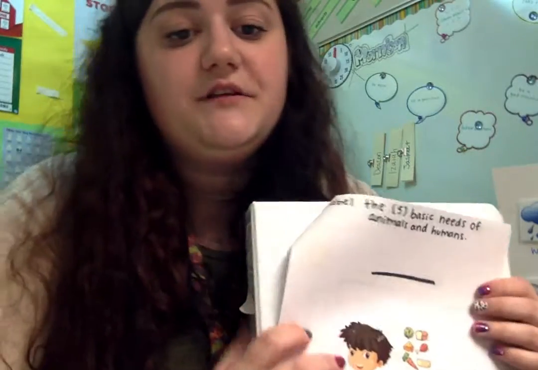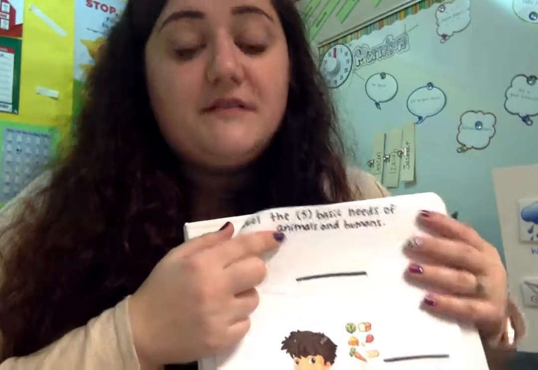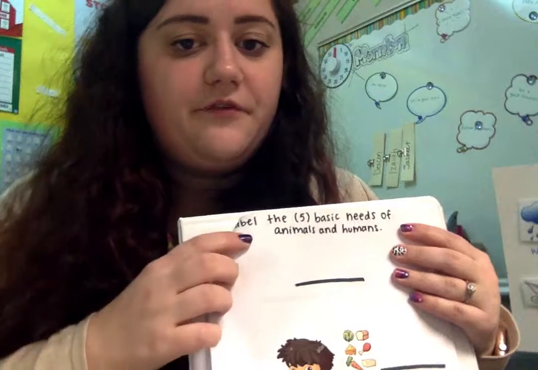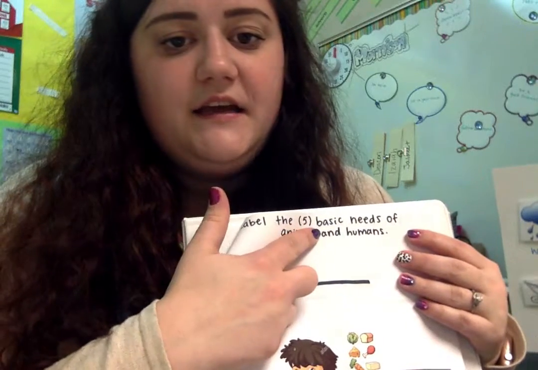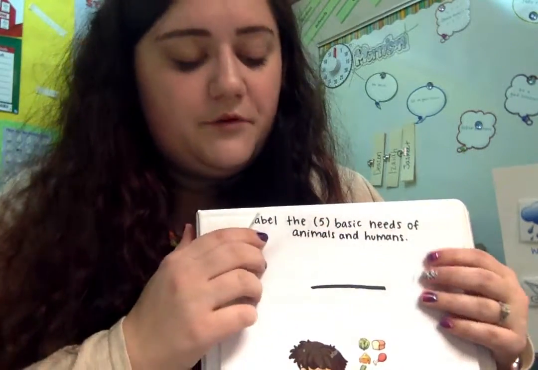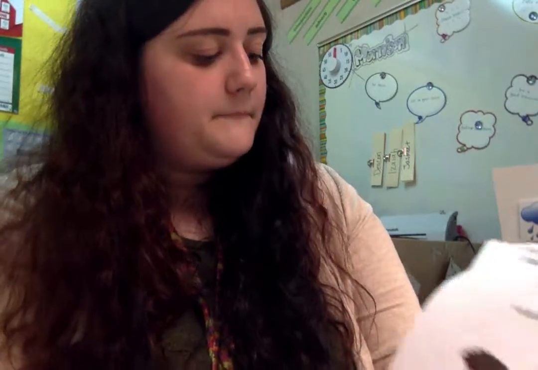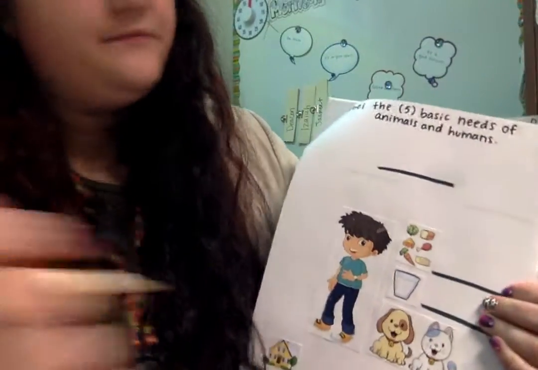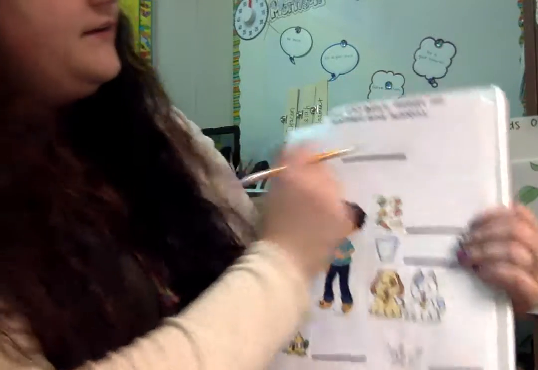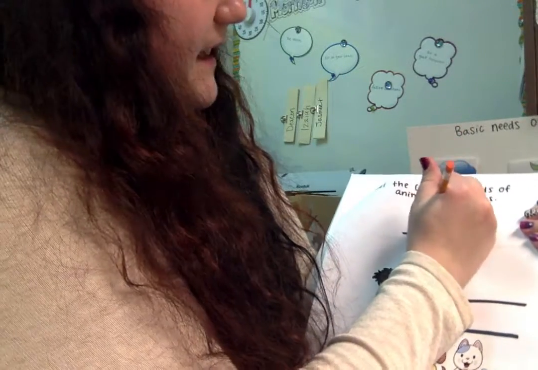So the final activity that we're going to do is everyone is going to have to do this by yourself. You need to label the 5 basic needs of animals and humans. I'll give you a second to do that and then we'll go over it together. Okay, let's talk about the different needs. The first one we have here is space.